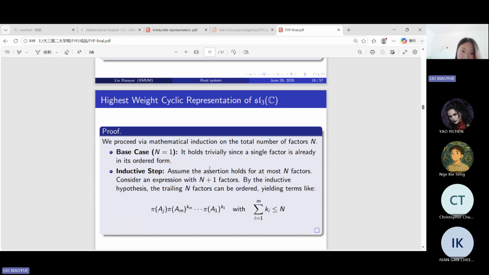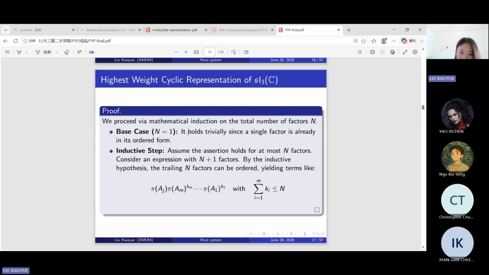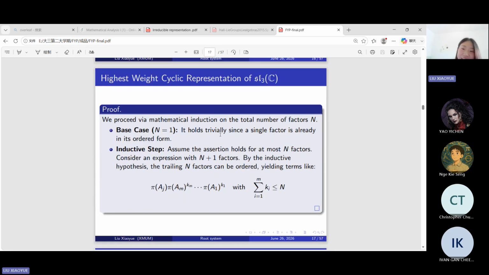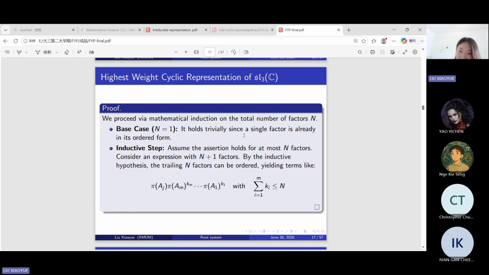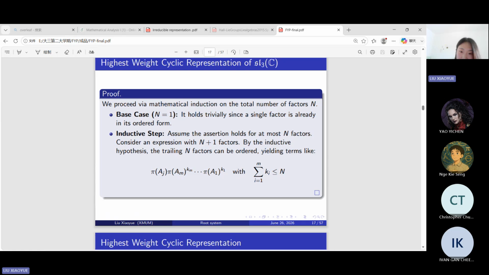We prove this lemma by mathematical induction. The base case holds trivially, since a single factor is already in its ordered form. Then we assume the assertion holds for at most n factors.